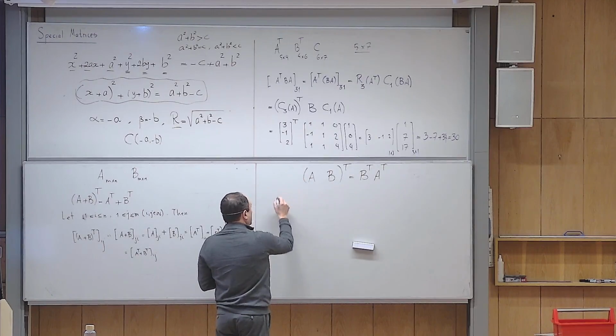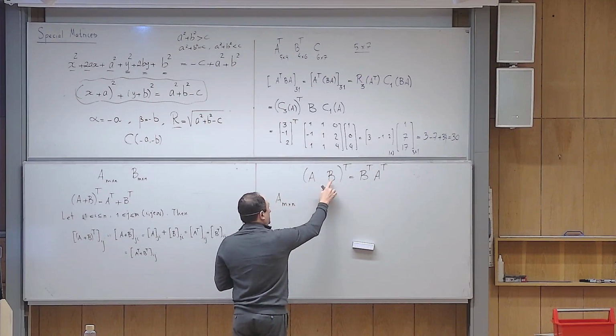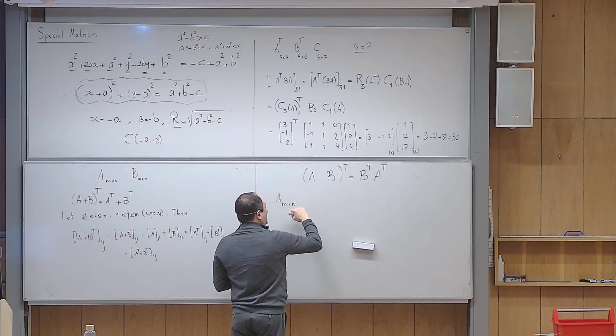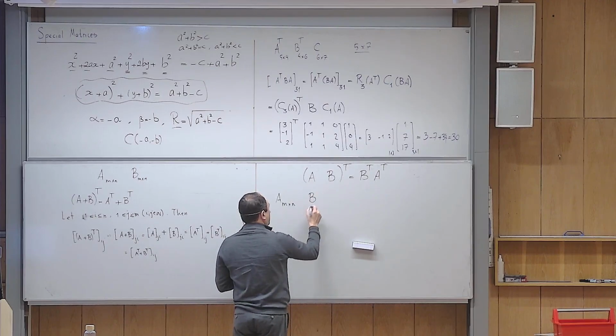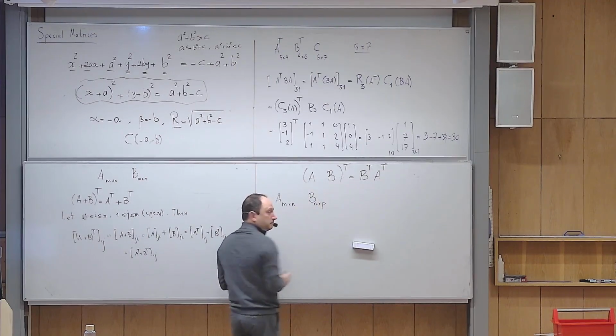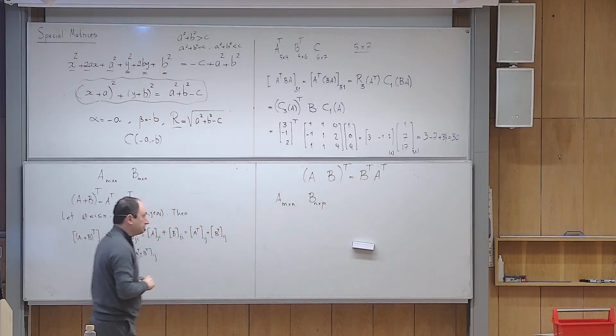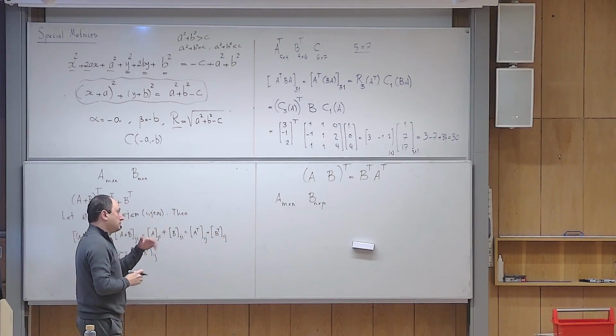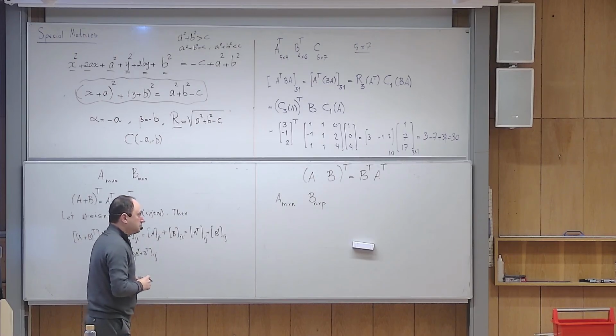Let me take A to be m by n, and B is supposed to be multiplied from the right, so let me assume that B is n by something else, p. So A is m by n, B is n by p.